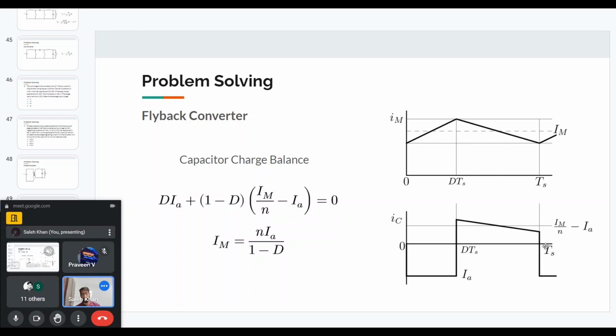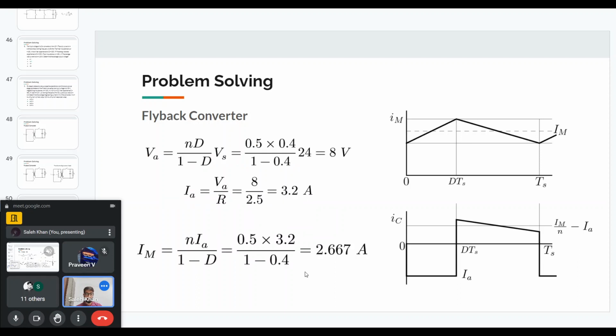But at steady state, after every Ts interval, the capacitor voltage remains the same. So the net charge through the capacitor should be 0. And based on this equation, you can find out that the Im current is equal to N times the output current divided by 1 minus D. So this is the value of the average magnetizing current, which the question is asking.